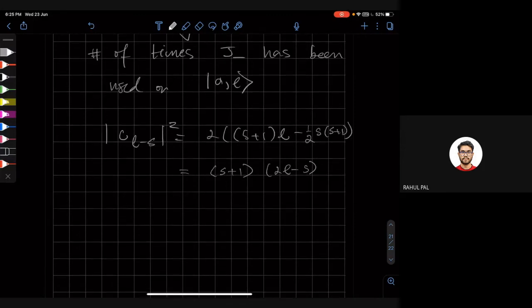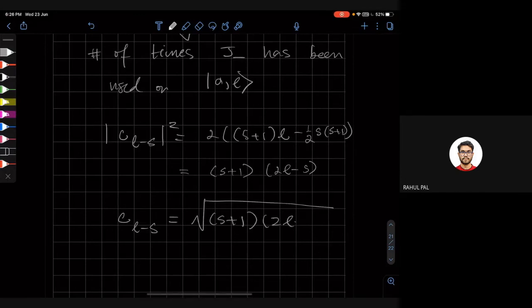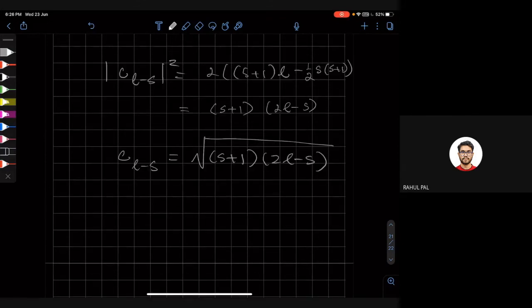So now we can write C_{L-S} to be the square root of this thing. So the ladder must terminate at some point, right?